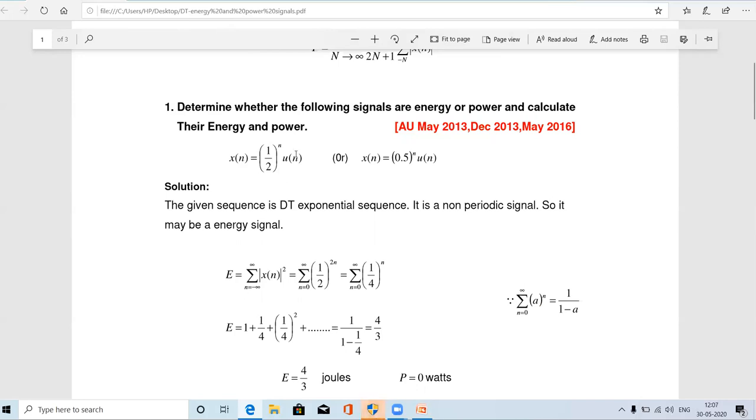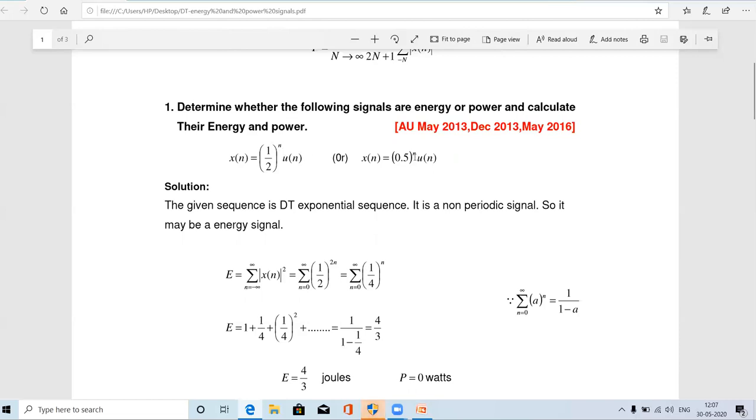First we have to identify what the given signal is. This signal is 1 by 2, that is 0.5, to the power n times u of n. We already discussed in the standard signals, what is a to the power n? It is a discrete time exponential signal, just as e to the power minus at is the exponential signal in continuous time.